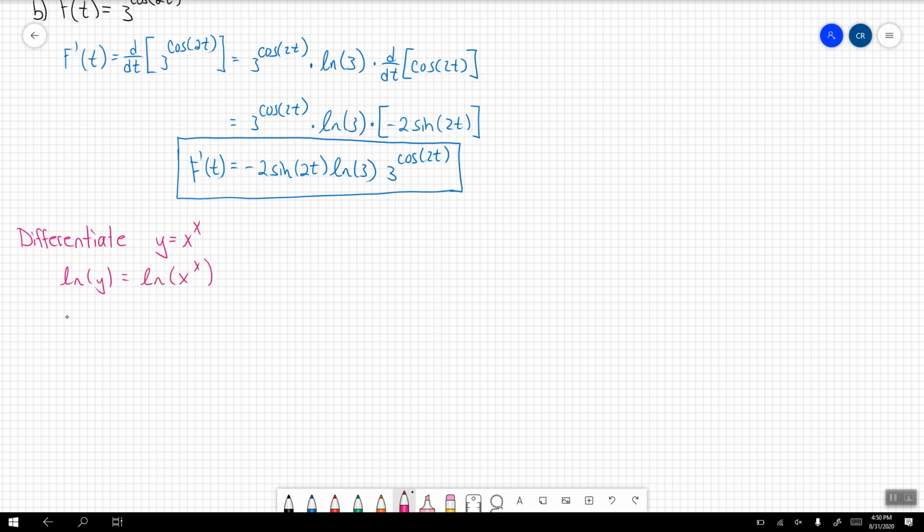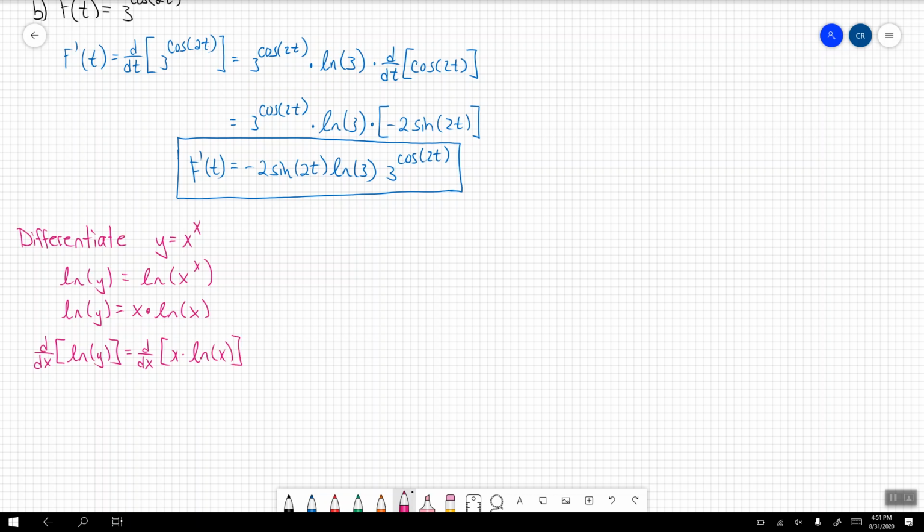In doing so, we now get that the natural log of y is equal to x times the natural log of x. And this we can take the derivative for. So if we then apply the derivative here, let's say d/dx of the natural log of y, and on the right hand side we do the same thing, d/dx of x times the natural log of x.